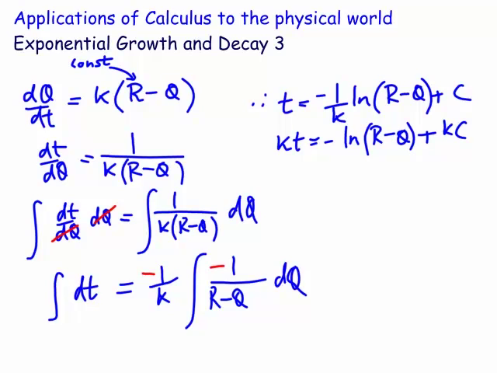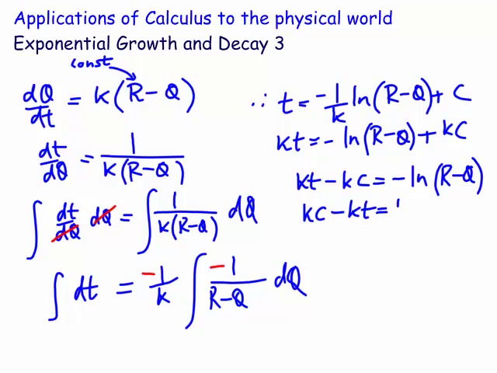I put the kc on the other side and get t minus kc equal to minus ln(r minus q). Putting the minus sign on the other side swaps the signs, so kc minus kt is equal to ln(r minus q). Then we raise everything to the power e.